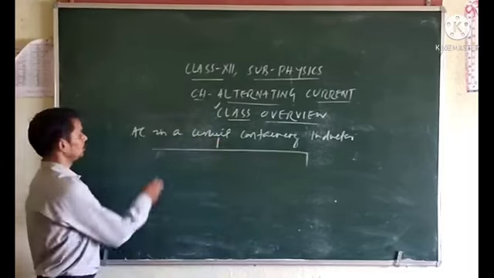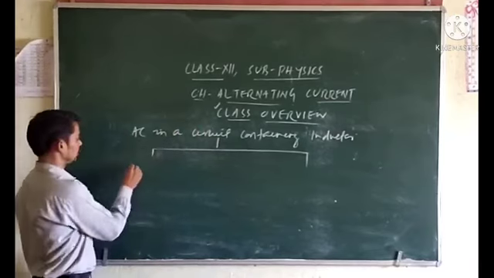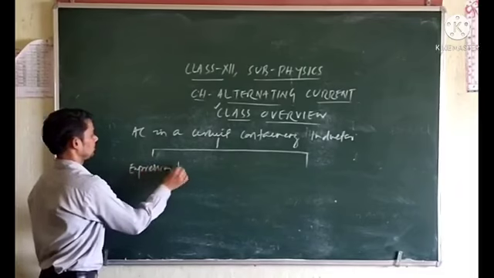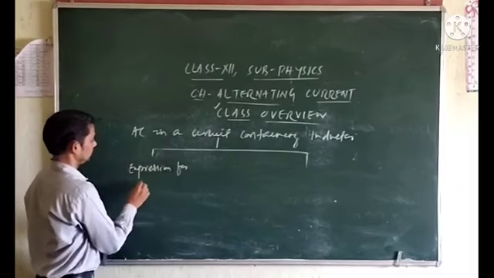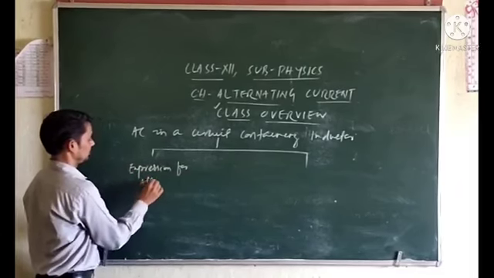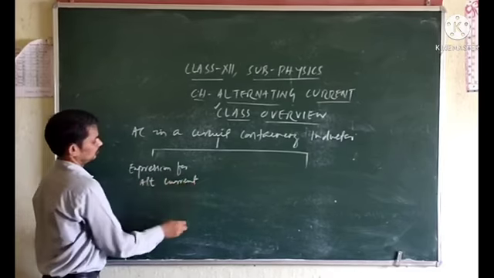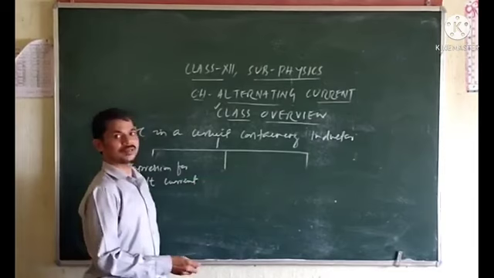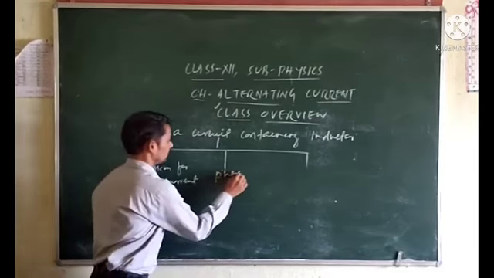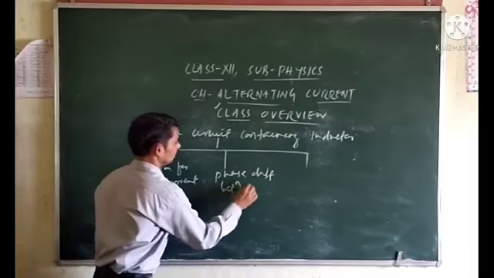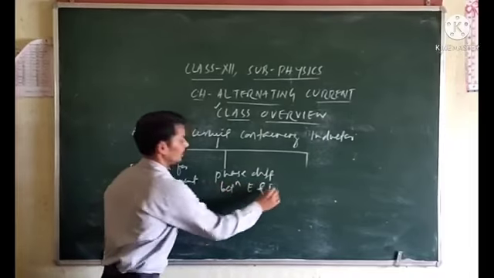In this topic we will first find the expression for alternating current, then we will find the phase difference between alternating EMF and current.